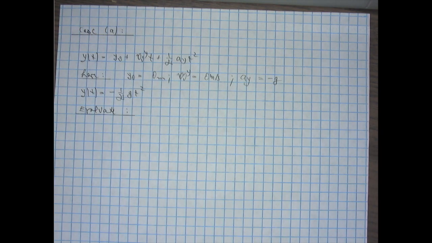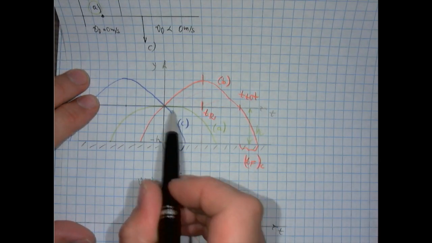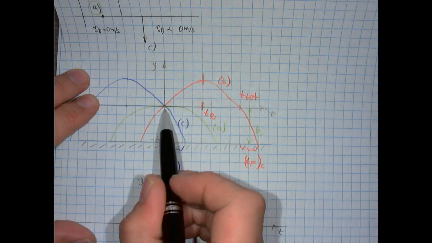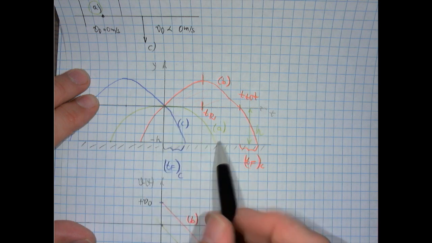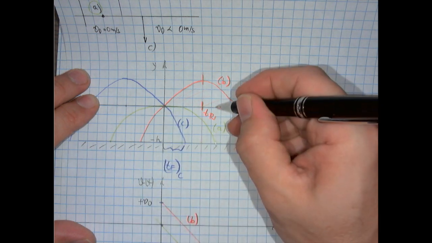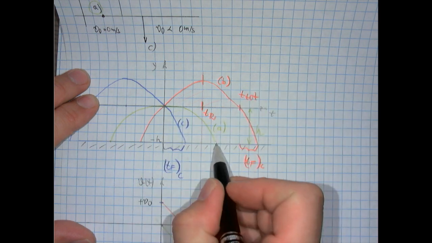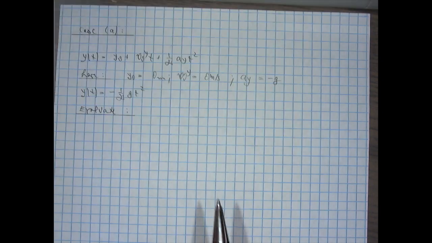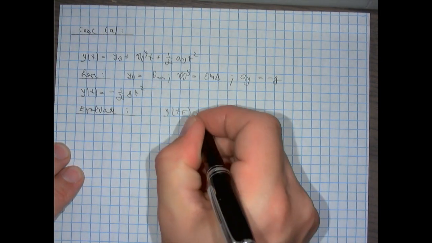Okay? And therefore, let's now evaluate how long it takes to reach the bottom of the cliff of height h. And when we analyze this in this diagram, as you can see here, we're dealing with case A. y of t, the time it takes to reach the ground, this is here. It would be the time to reach the bottom of the cliff. y of that time equals minus h. So y of tf equals minus h.